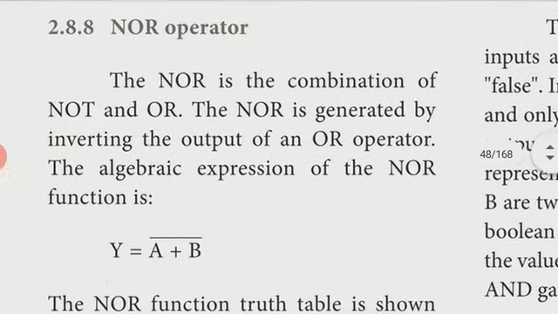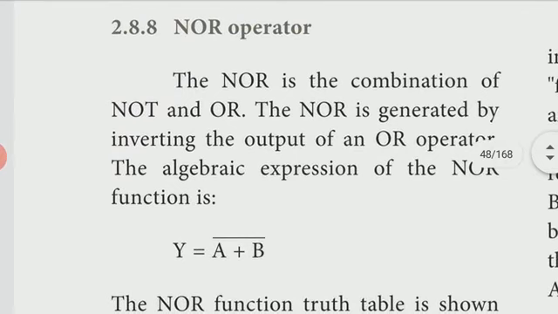Now, the next one is the NOR operator. NOR is also like NAND, that is, NOT OR. Here we are going to take the opposite of the OR gate, the OR operator. So, y equal to A plus B the whole dash.